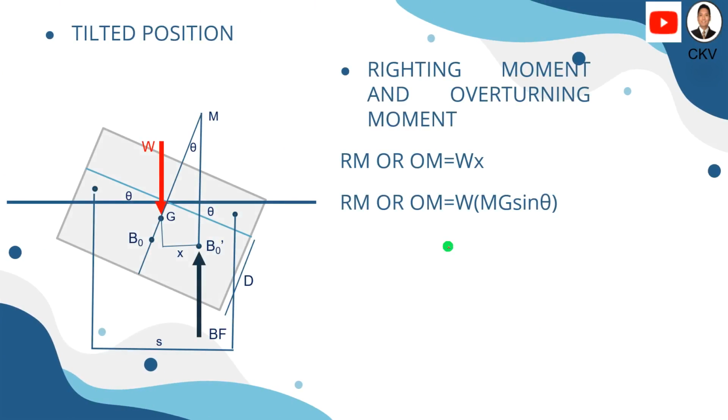So how do we compute the righting moment and the overturning moment? The righting moment applies if the floating body is stable, and the overturning moment if it is unstable.